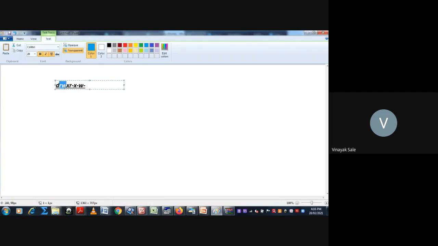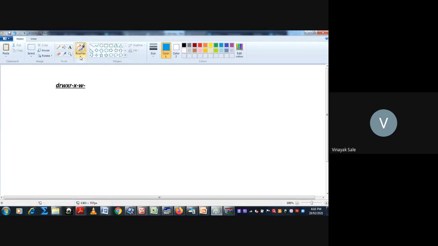This first rwx indicates the owner. Then the next, r-x, indicates the group owner.